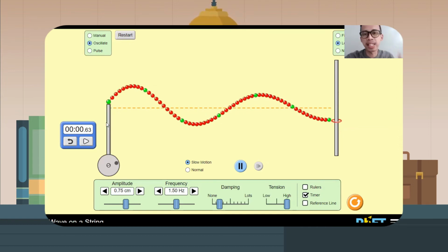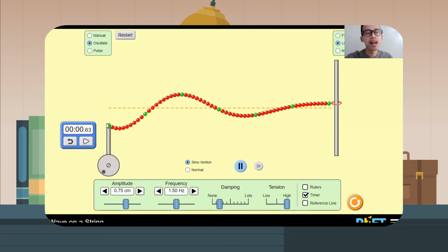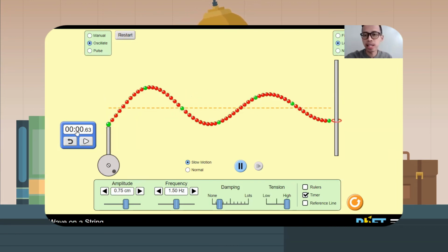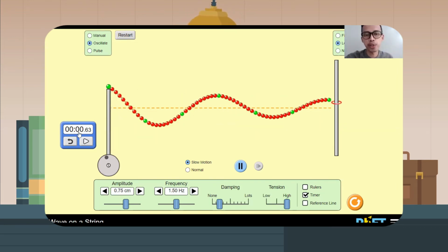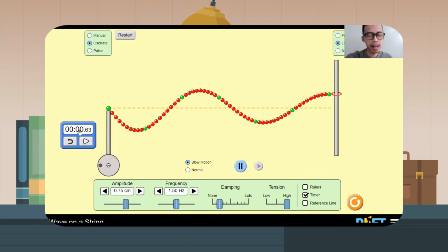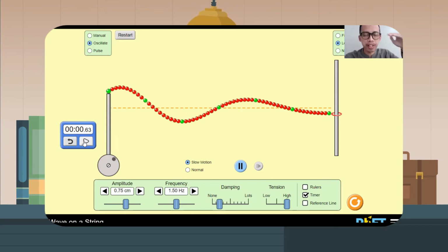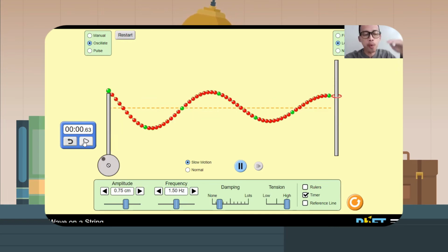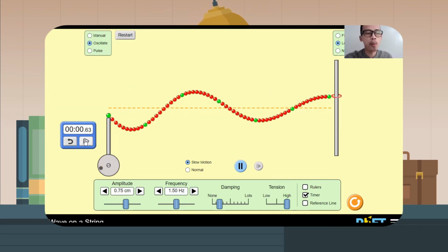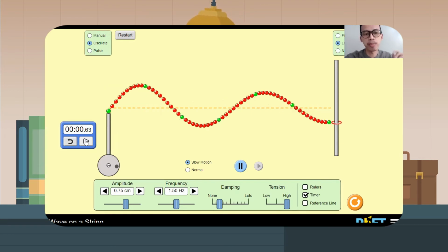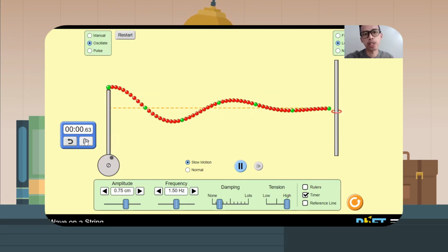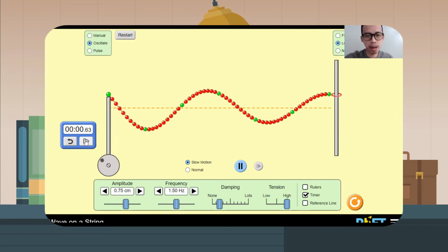So we get one oscillation. Then we can use this stopwatch to measure the time. When the green ball reaches the maximum position, we start the stopwatch, and when it is back at the maximum position again, we stop the stopwatch and we get the period.